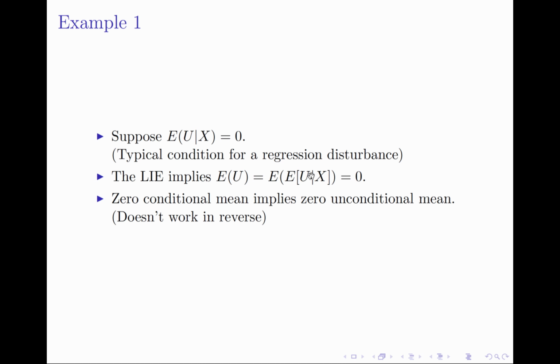So what does this mean? This means that if you have a regression in which the disturbance has a zero conditional mean, it is not necessary to make an additional assumption that the expected value of u is equal to zero. You already know that on the basis of the conditional mean being zero.